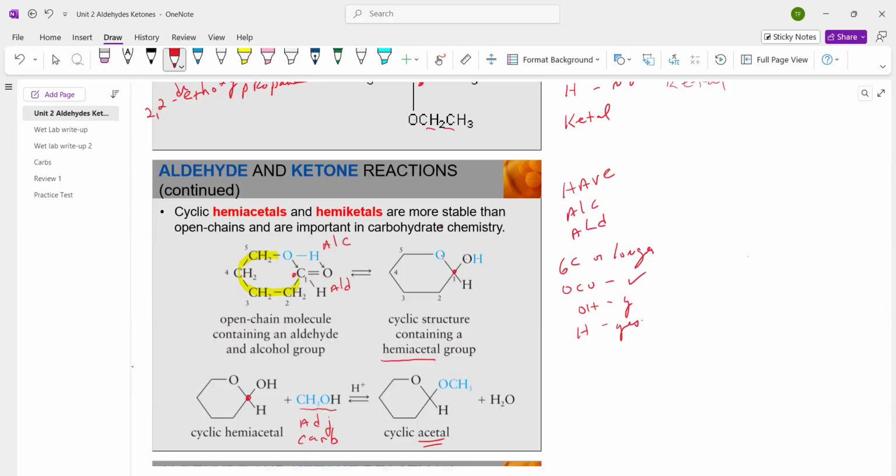So we have, and the anomeric carbon is always carbon number one. Okay, so we have OCO around the anomeric carbon, as long as there's 6 carbons or longer. Let's see, let's put that over here.